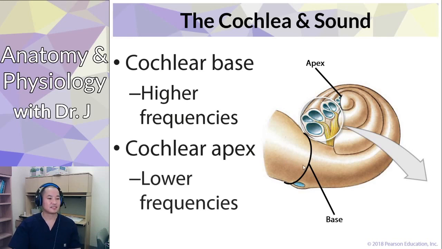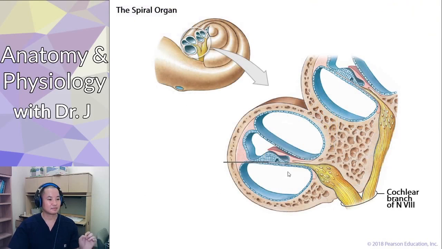Whereas lower frequencies travel further than higher frequencies. This is why lower frequencies are detected up here at the apex. So as you get higher in pitch, it gets detected more toward the base. As it gets lower in pitch, it's detected more toward the apex. And the spiral organ, the basilar membrane, is the part that vibrates in response to those pressure waves.